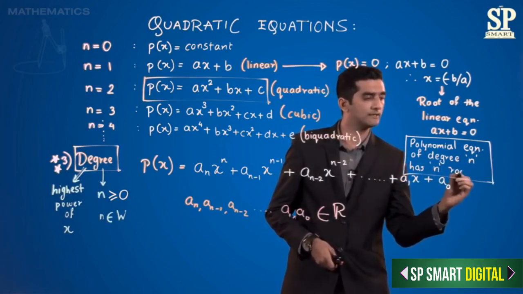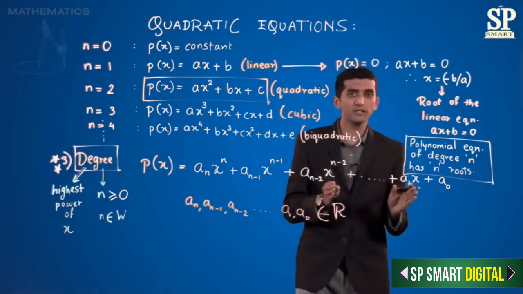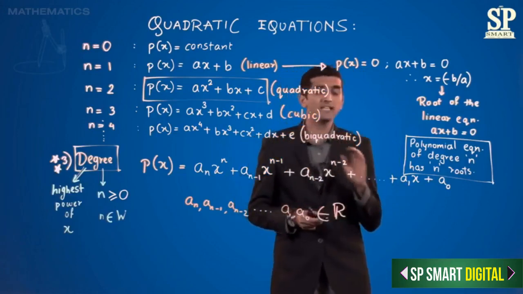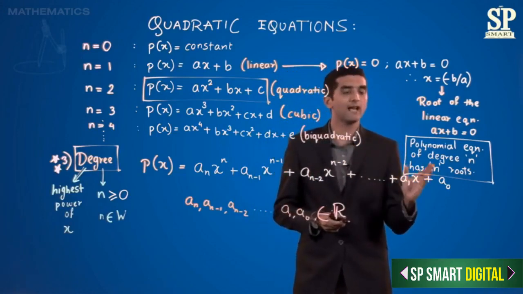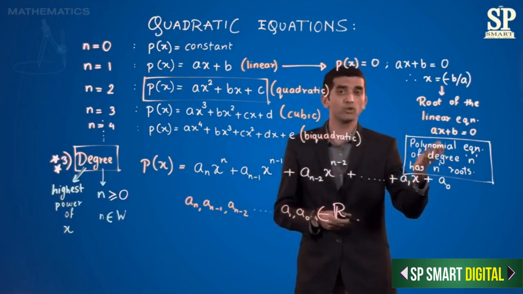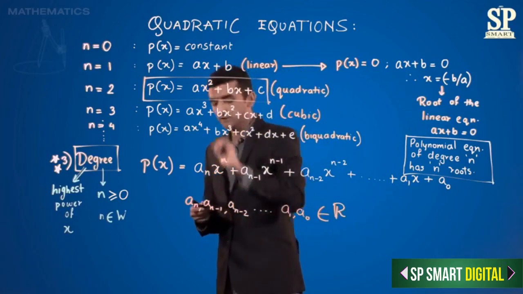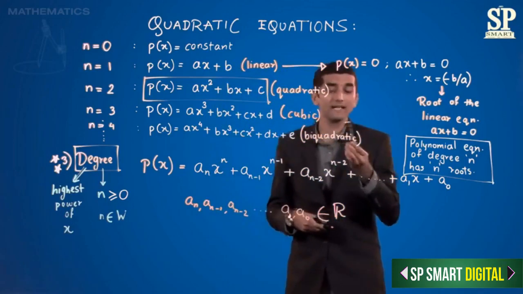We are not discussing the nature of roots as of now, but in general we now know that any polynomial of degree n has n roots, and this is how we calculated the root of the linear equation. How will we find out the roots for this particular quadratic polynomial equation?